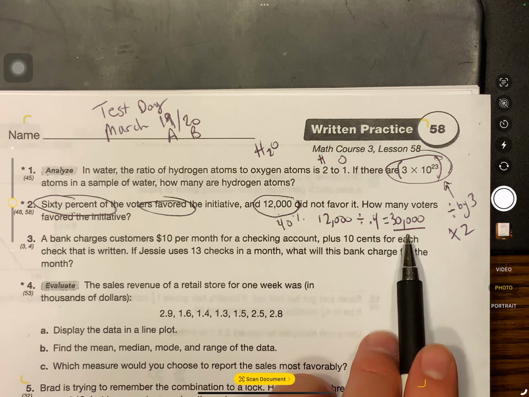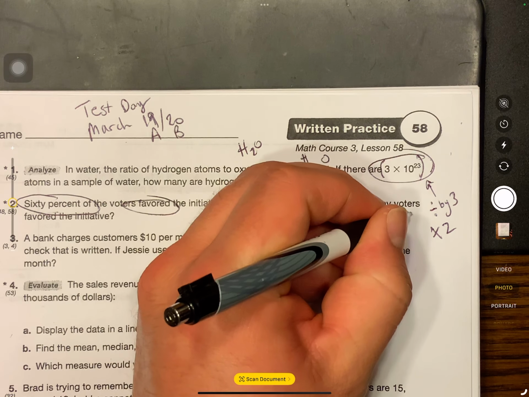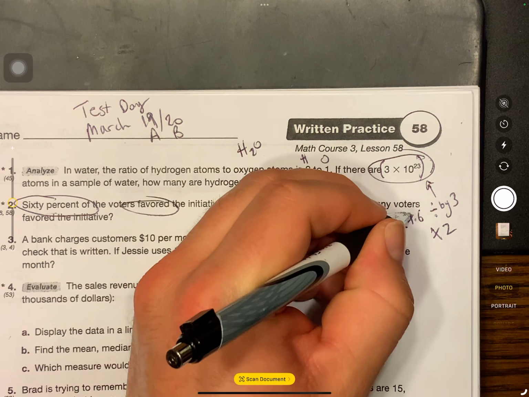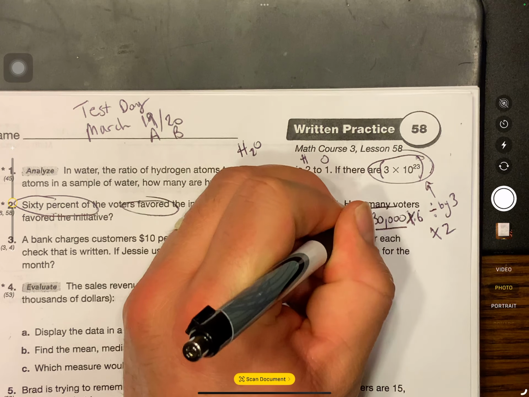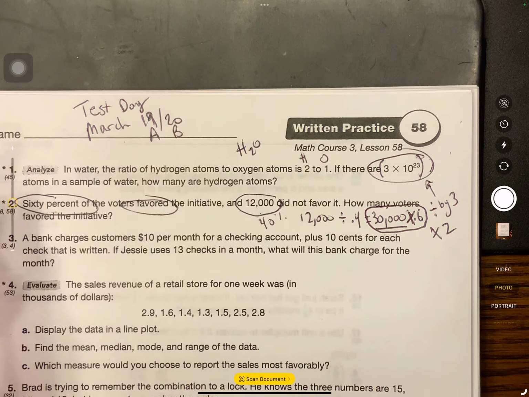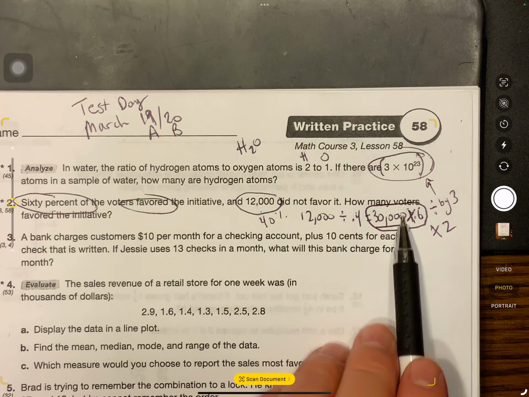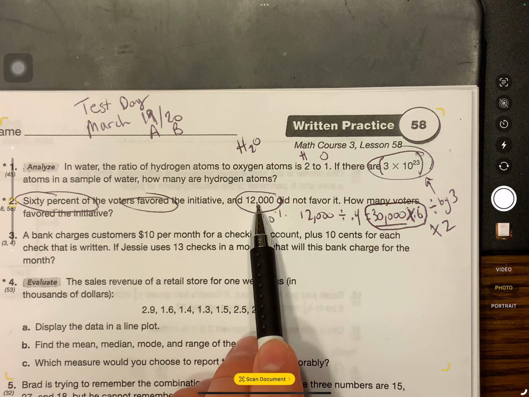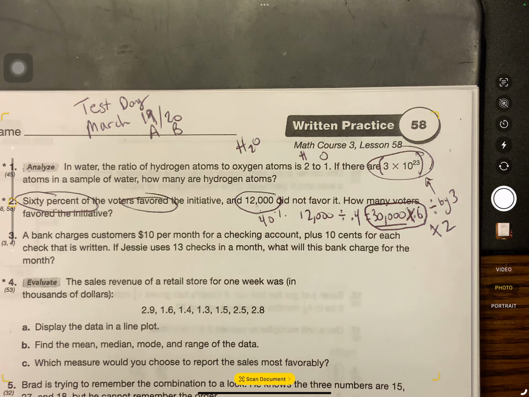So now you take that 30,000 and you times it by 0.6 for 60%. Also, you don't have to even do that math. You could just do 30,000, that's the total, minus 12,000. It will arrive at the same answer.